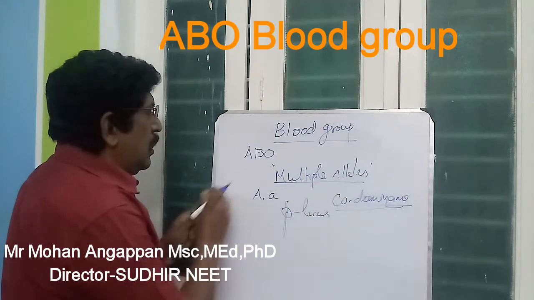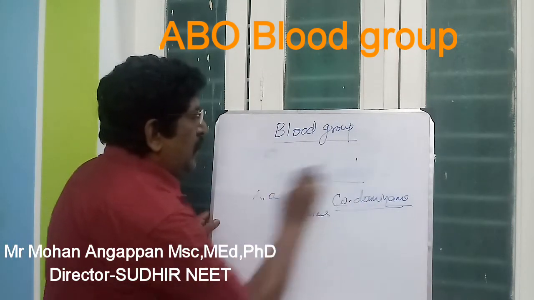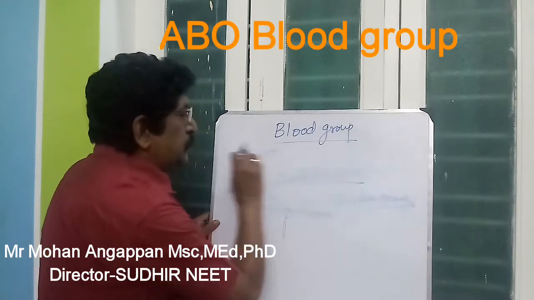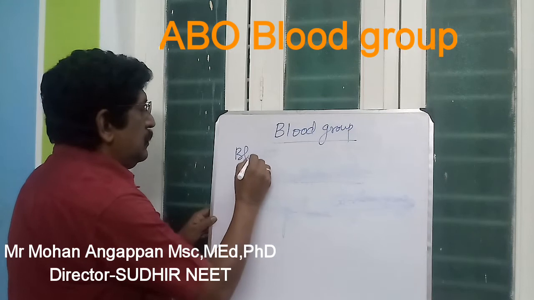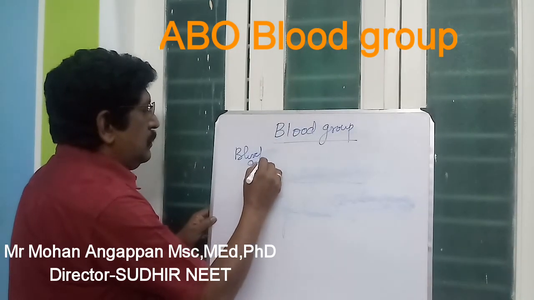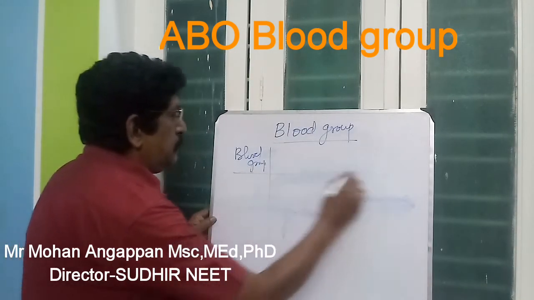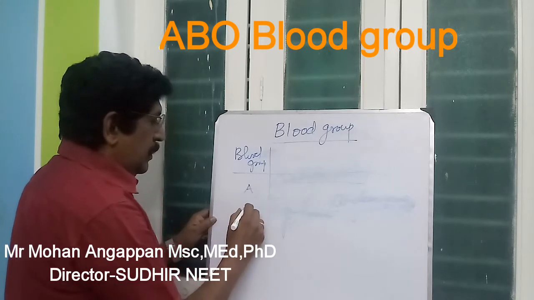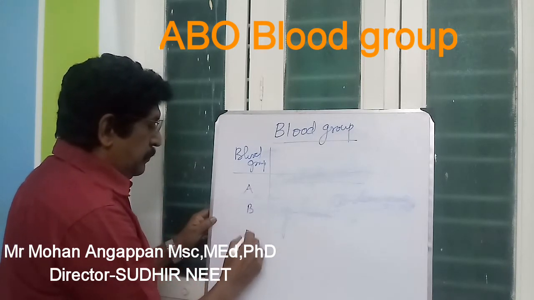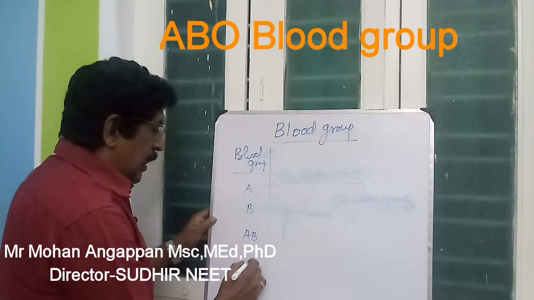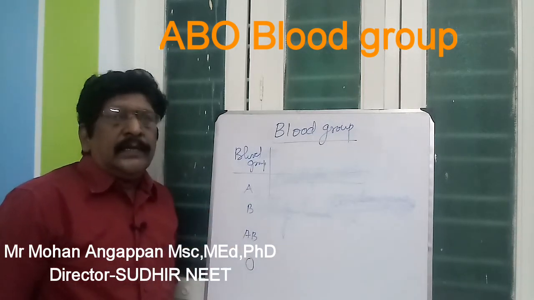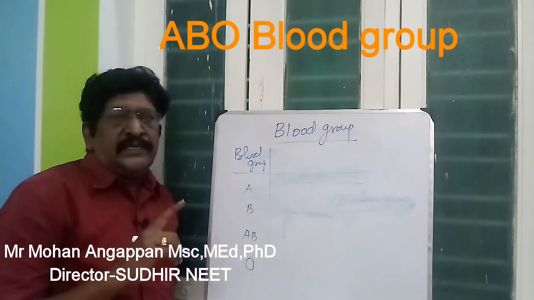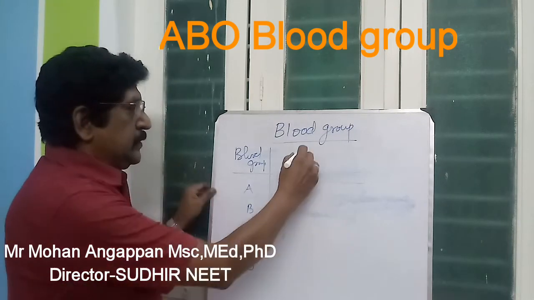Now, if you take the blood groups, there are four types of blood groups, that is A, B, AB and O. In the blood group, antigens and antibodies are present.